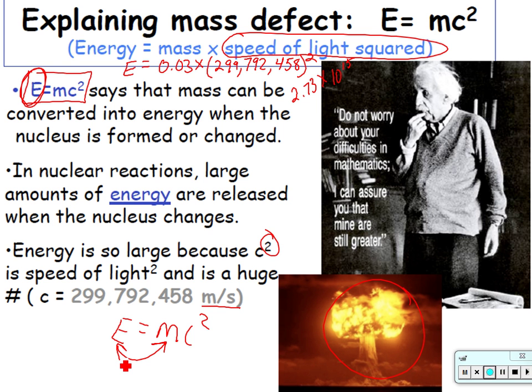So we're going to talk about the Big Bang next class period. The Big Bang is a theory where there was this whole bunch of energy at the beginning, and then it all kind of converged at a single point and created all the mass that we see in the universe.